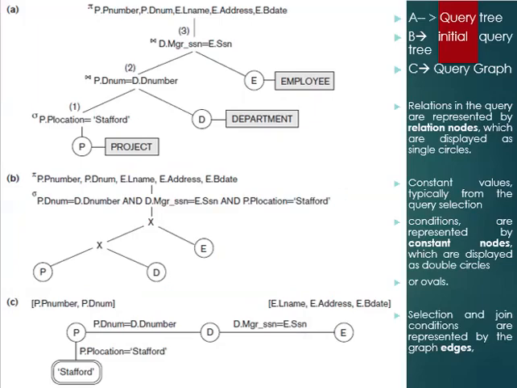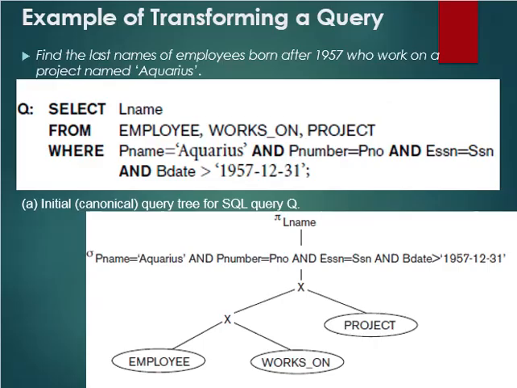There may be many other attributes in P, D, E which are not required in the query. So we have to do the project operation: P number, D number, E number and address. So the execution starts from the leaf level, and after doing all these operations and the root operation, we get the actual result.